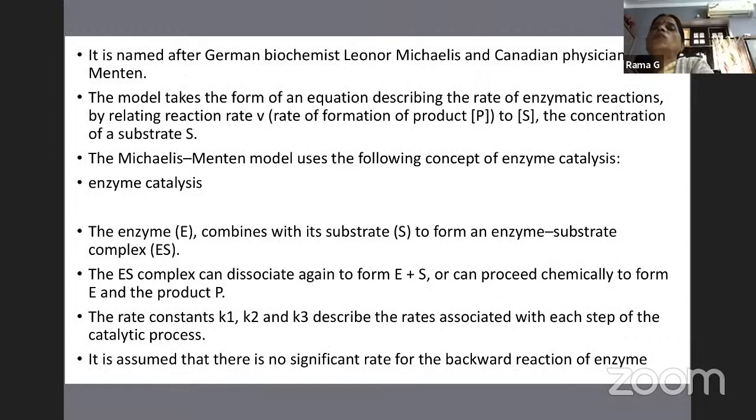And there's the Michaelis-Menten model. Their model takes the form of an equation, and that equation describes the rate of enzymatic reactions by relating reaction rate V and rate of formation of product P with the concentration of the substrate.